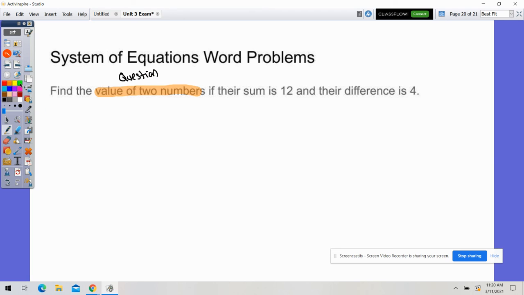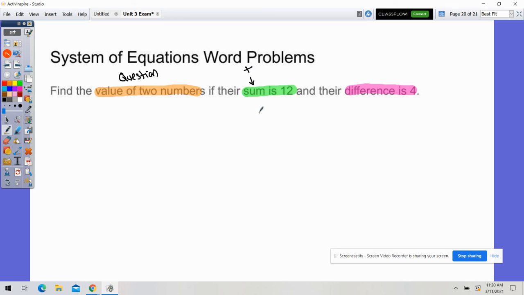Their sum is 12, and their difference is 4. Okay, so we've got to break down what this means. Sum means when you add the two numbers together. Sum is addition, right?